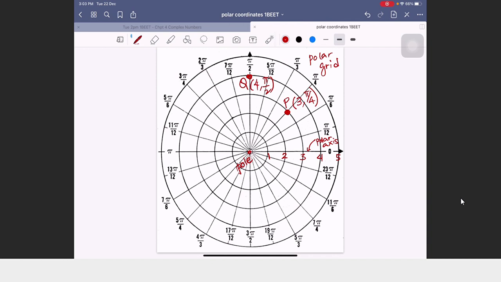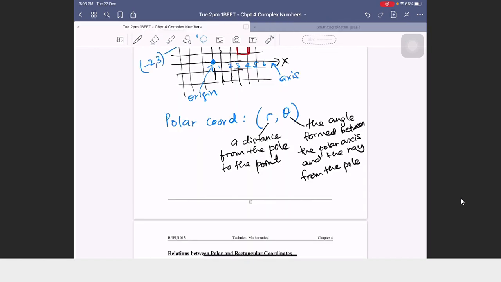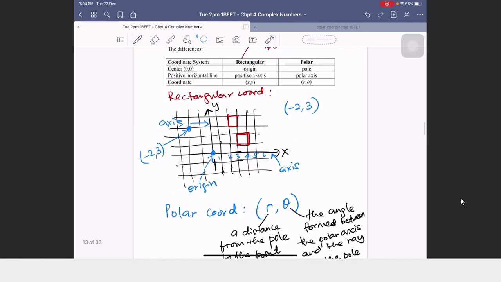There's one major difference between rectangular coordinate and polar coordinate. Like just now, in rectangular coordinate, if we are talking about this number, minus 2, 3, when you plot, this is the location, and that is the only location which has the coordinate minus 2, 3.